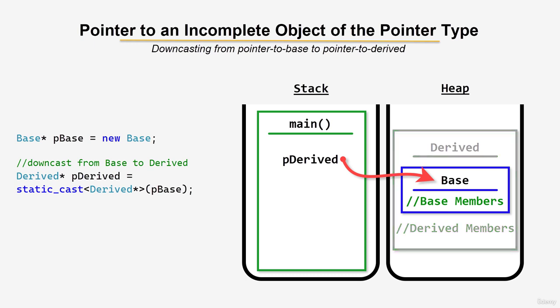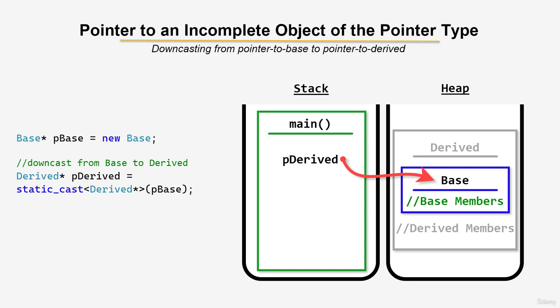Well, moving on to the next slide here, it is always important to remember what object we have on the heap, so the type of the object on the heap. Because from the pointer to derived, that p derived pointer, if you want to access some member or some member function that is not actually part of that base class object that is on the heap, then you can have an access violation, you can get garbage, and so on. So you can have runtime errors with that.